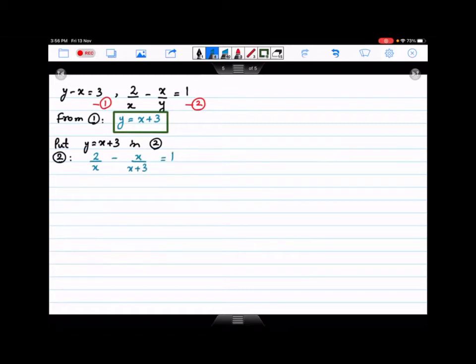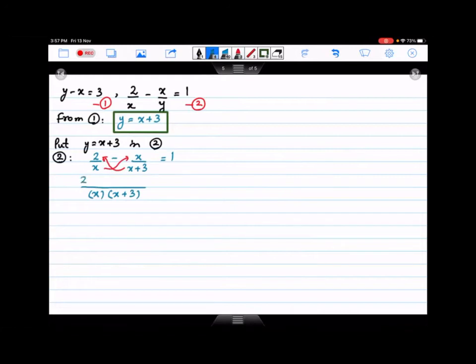So I think you must know the process of LCM. So it should be x multiplied by (x plus 3). So this should go there and this should go there.